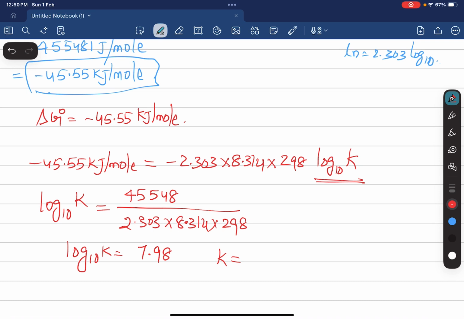So K can be written as, since log base 10 is there, if you send it to the other side it becomes 10 power 7.98.